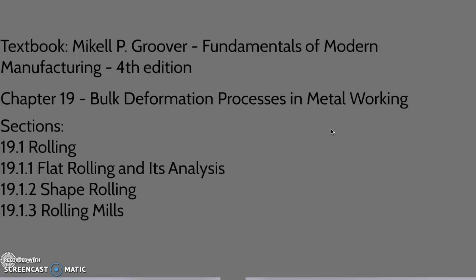The chapter that talks about rolling in the textbook is chapter 19 under section 19.1, and I talk more about flat rolling and not about shape rolling and rolling mills.